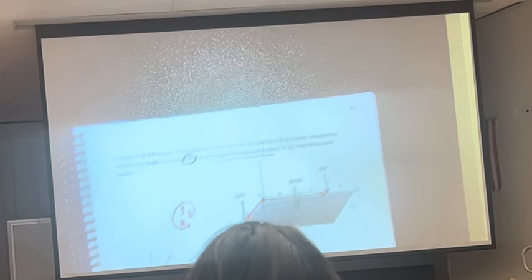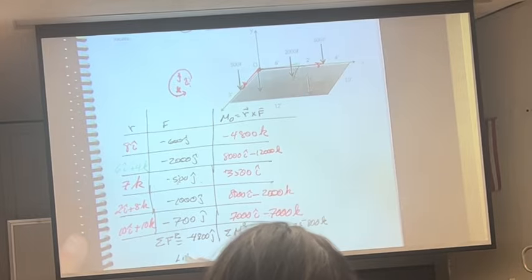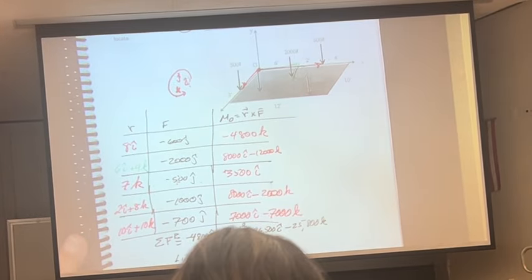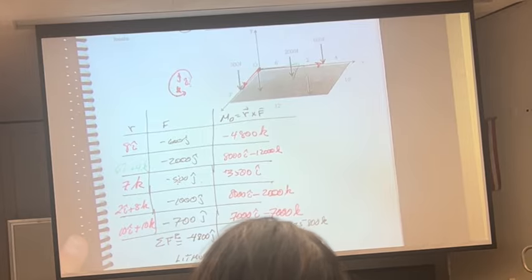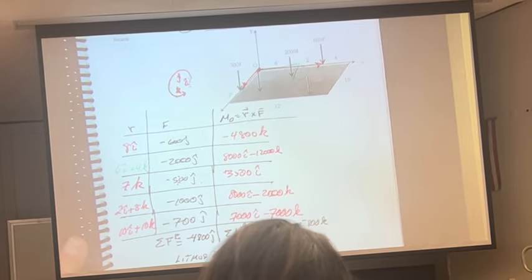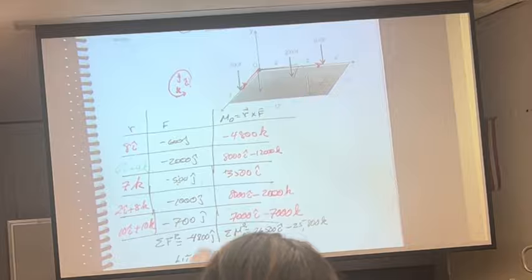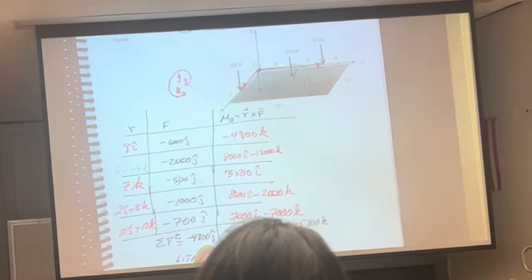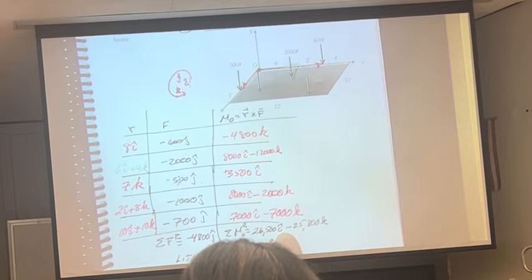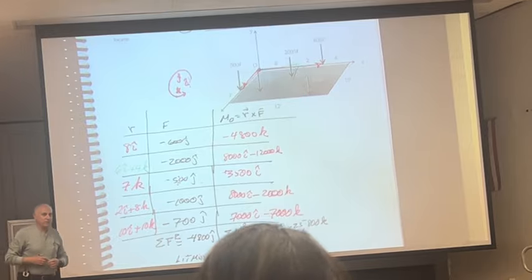Now, litmus test time. Does F resultant dotted with MO resultant equal 0? That's the question of the day. Well, what's J dotted with I? A negative K? I didn't say cross product, I said dot product.